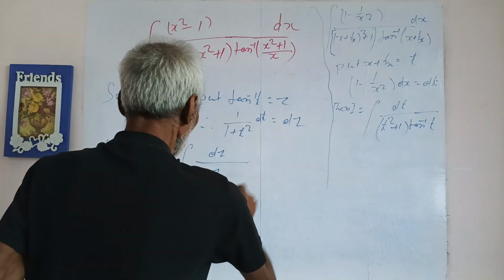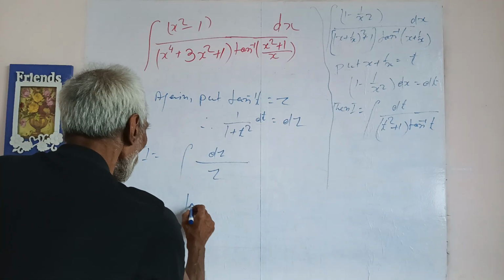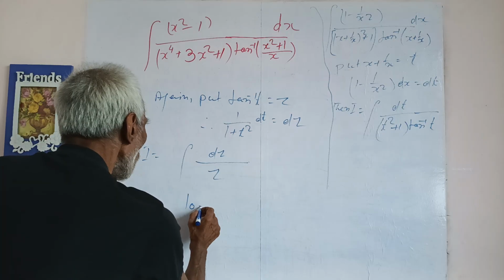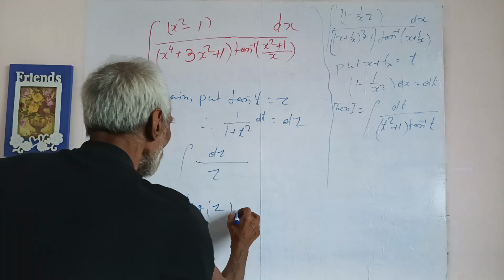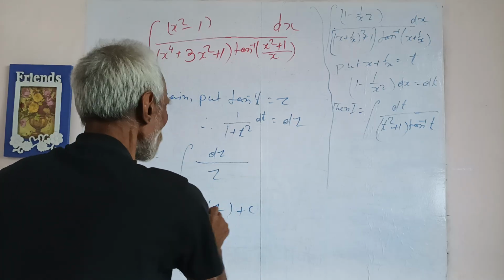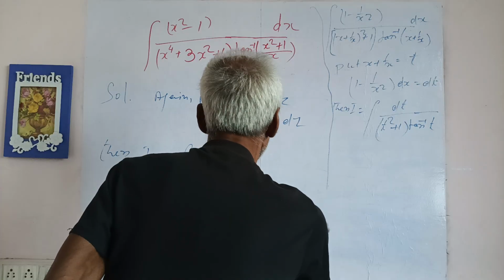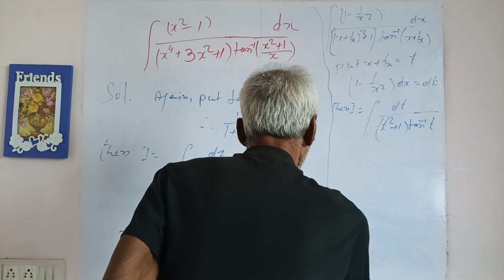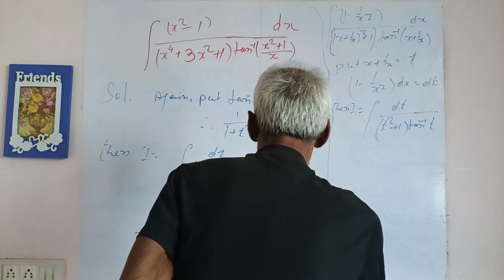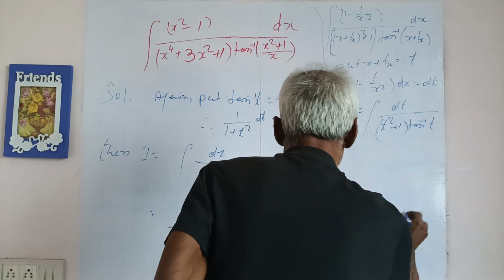Now this is equal to log z plus c. Now put the value of z, z is equal to tan inverse t, so log tan inverse t plus c.